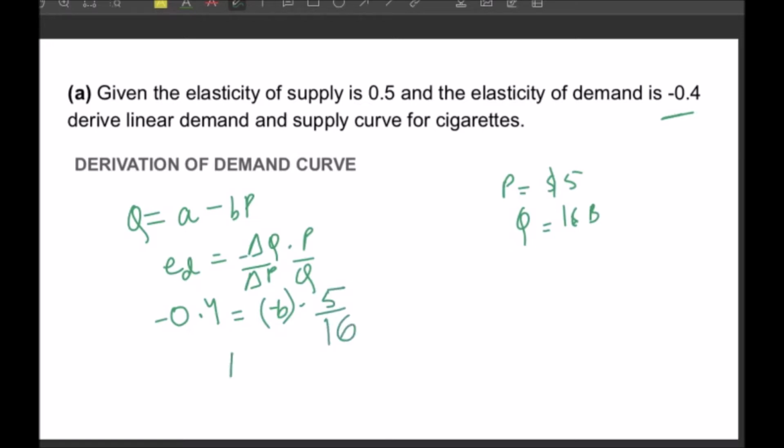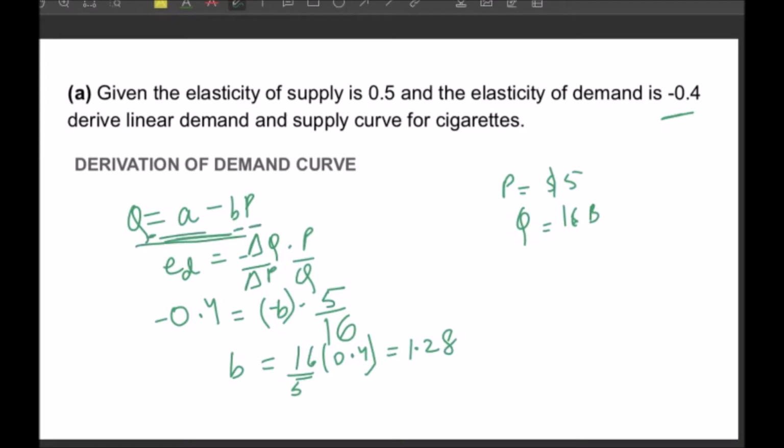This gives us the value of B is equal to 16 upon 5 into 0.4, which is equal to 1.28.